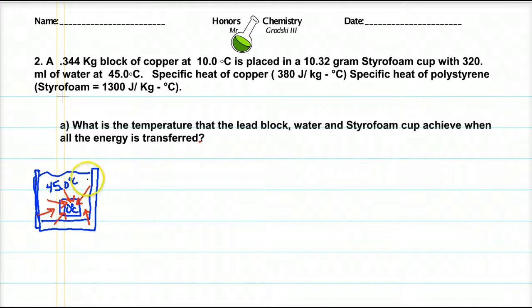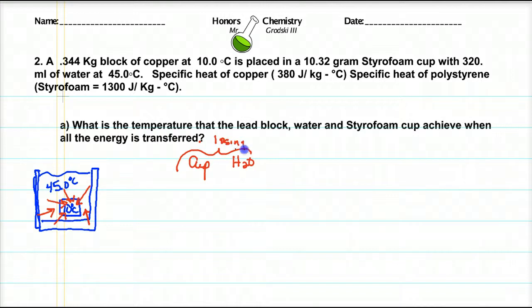It's not going to matter, because if you lose heat from the water to the block, you're also going to have a temperature gradient for heat to be lost from the cup to the water. So two things are happening. Both the cup and the water are both losing energy.